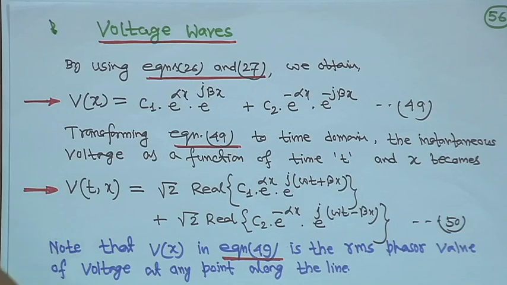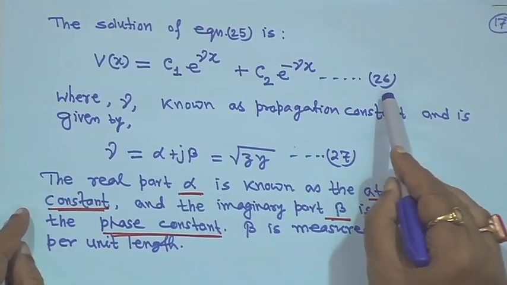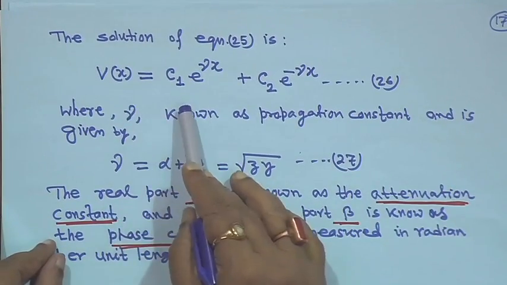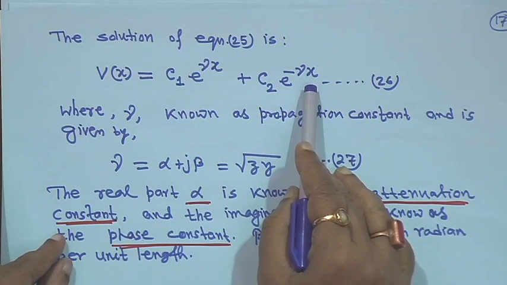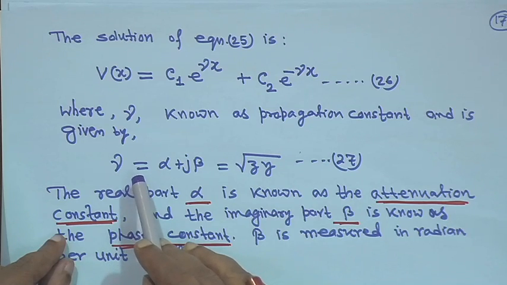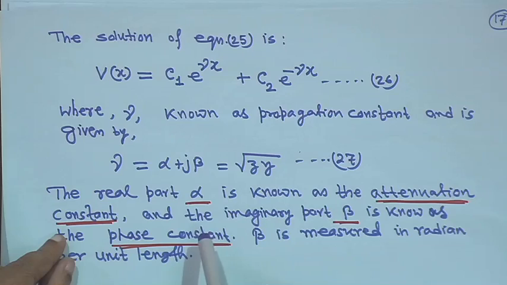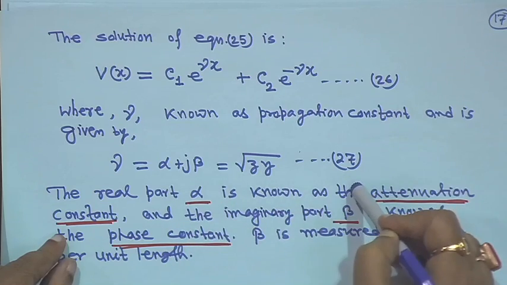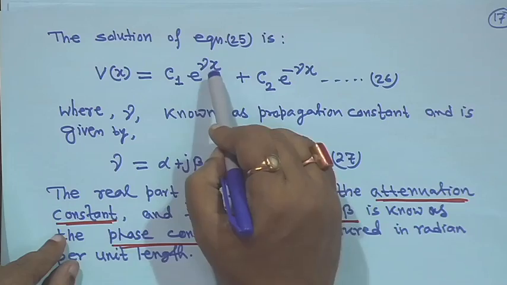If you recall, this is your equation 26: V x is equal to C 1 e to the power gamma x plus C 2 e to the power minus gamma x. And gamma, the propagation constant, we have taken as alpha plus j beta. So, using 26 and 27, you put the gamma value here and here.